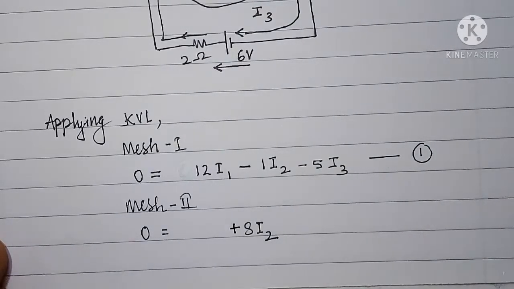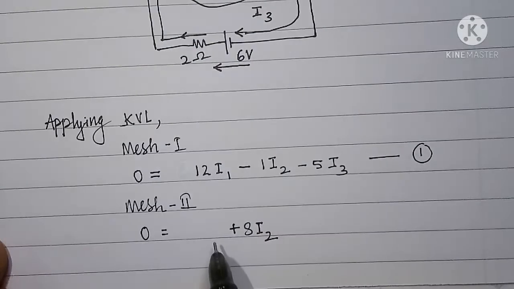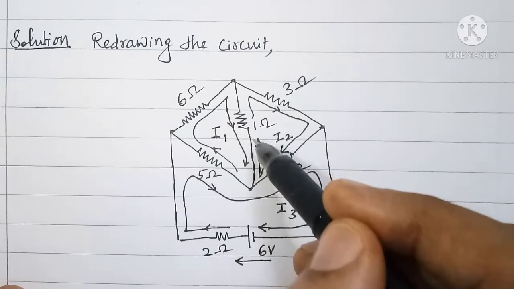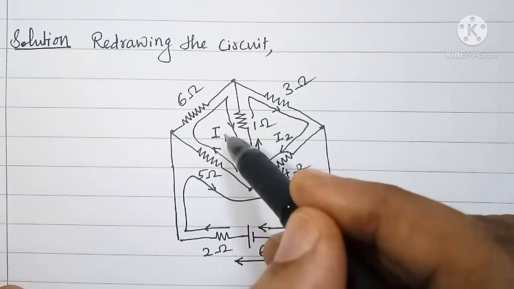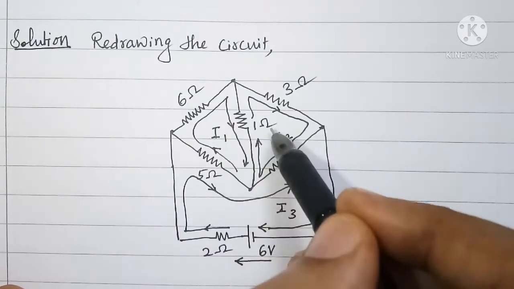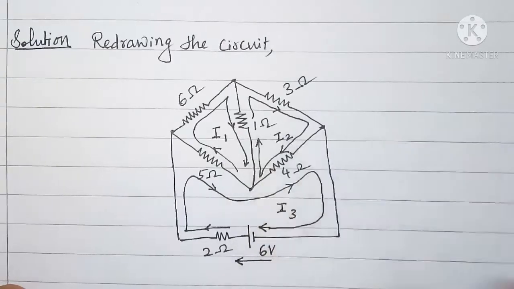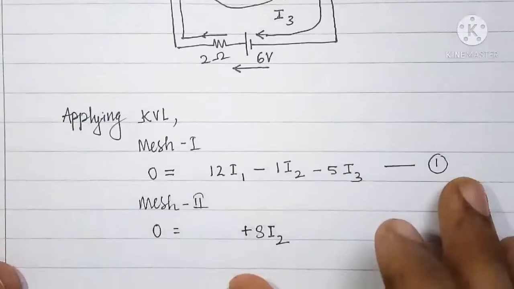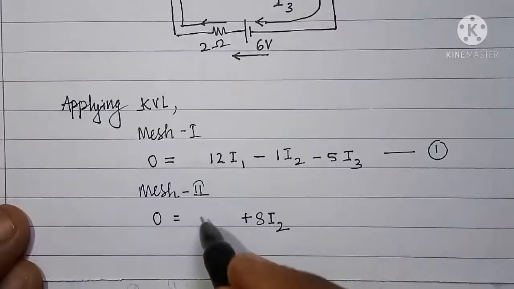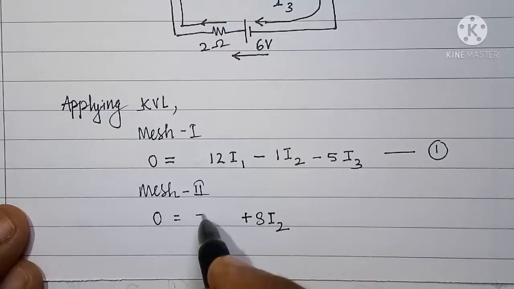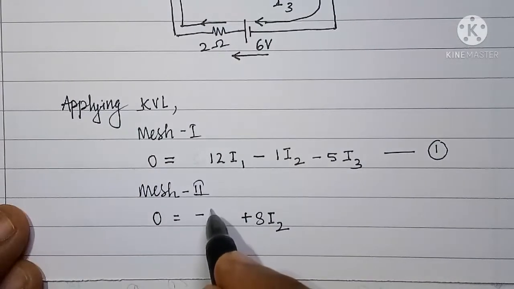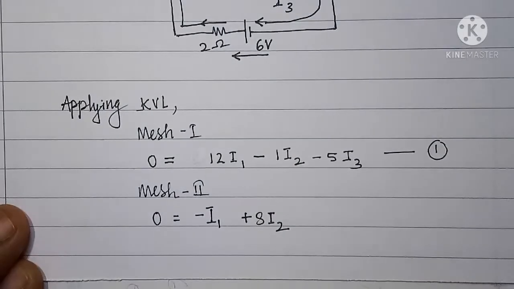This will be a positive term. The voltage drop in the resistor common to mesh 1 and mesh 2, that is the voltage drop in the 1 ohm resistor due to current I1, will be equal to I1 into 1 ohm with negative sign. Minus 1 into I1 is minus I1 only.